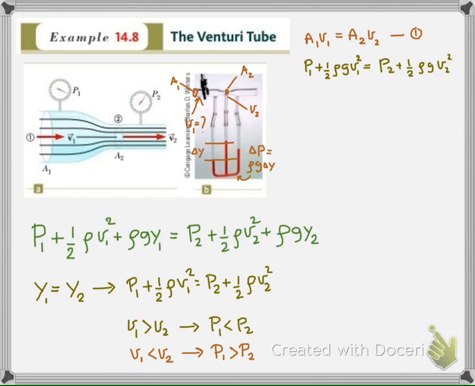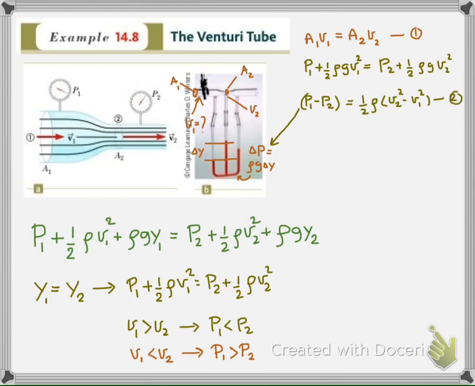We have that P1 minus P2 is equal to 1/2 of rho times V2 square minus V1 square, and this P1 minus P2 is the pressure difference. This is the second equation.